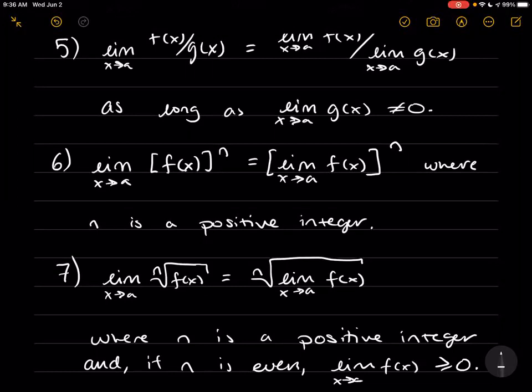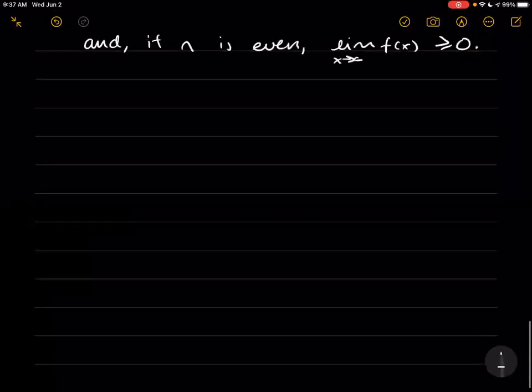Okay, so these are our 7 limit laws that we will be using. There's so many of them. Sometimes it can be hard to really grasp how we can use all these tools. So let's go ahead and take a look at something in action.